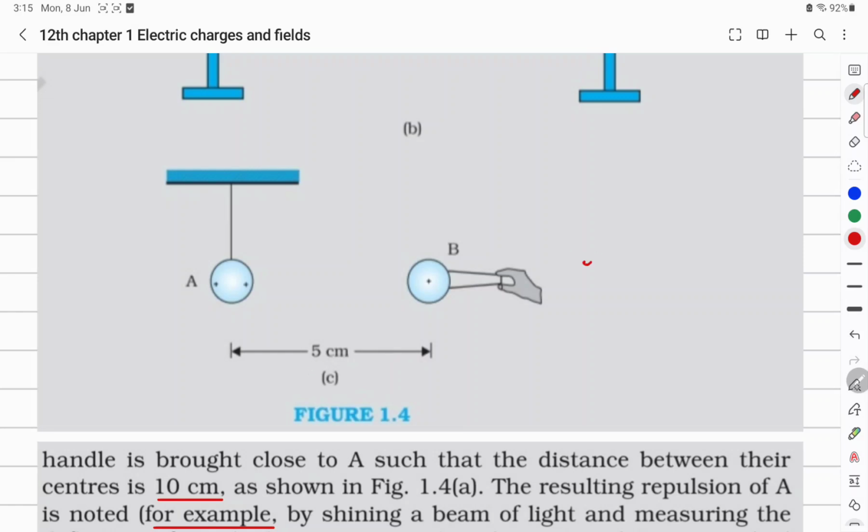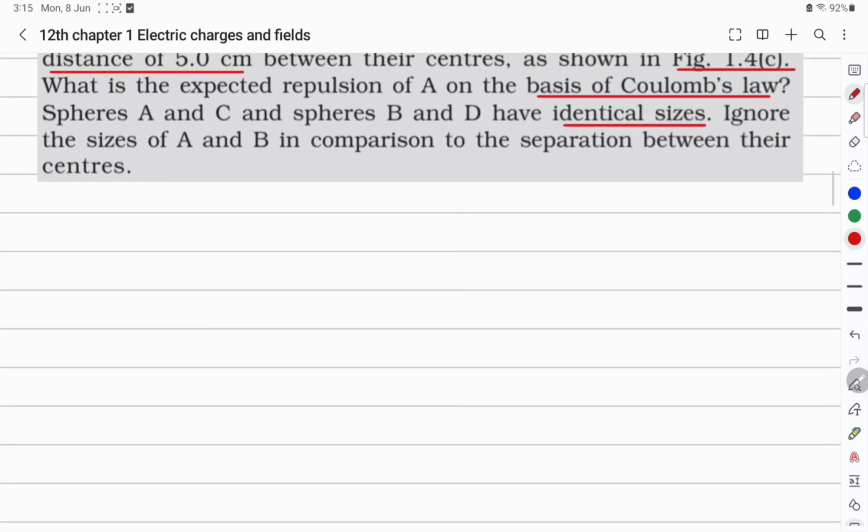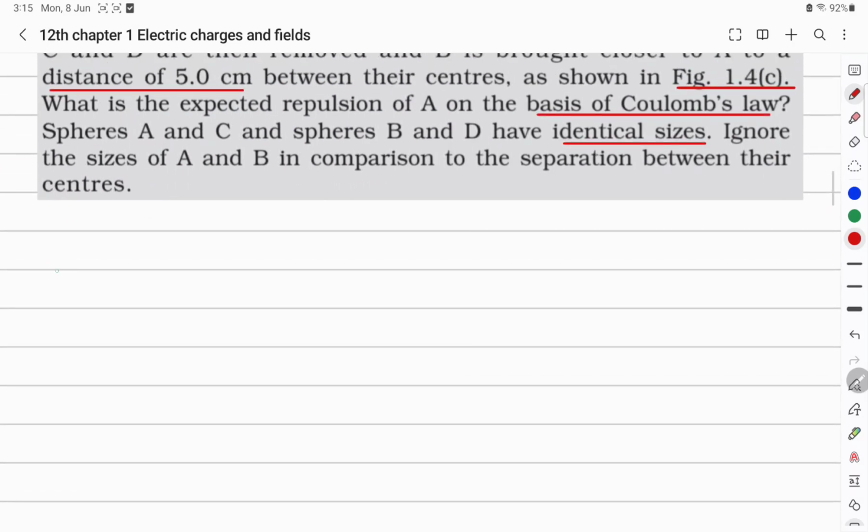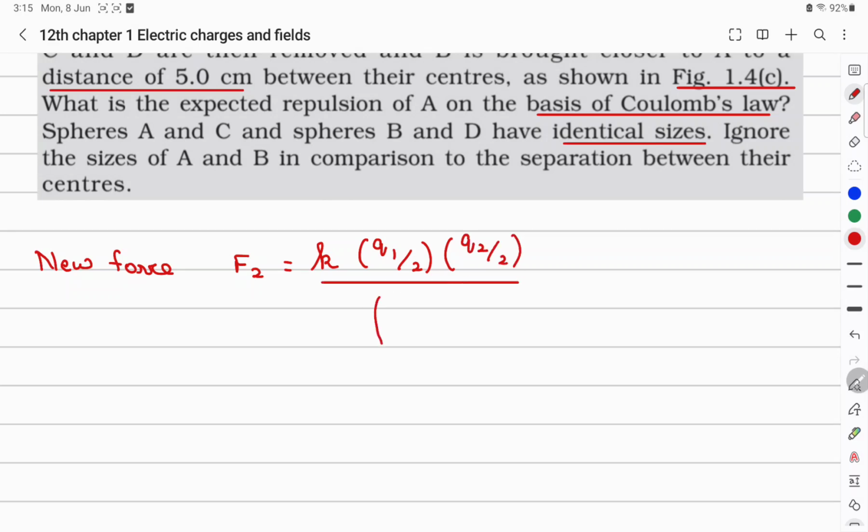So the new distance R prime is equal to 5 centimeter, that is reduced to half, so the new force can be written as F2, which is equal to K Q1 by 2 into Q2 by 2 by R by 2 square.